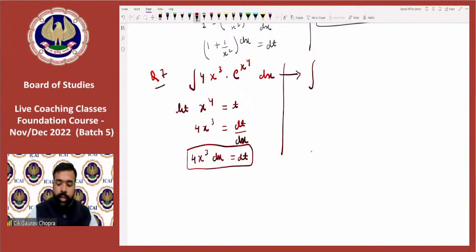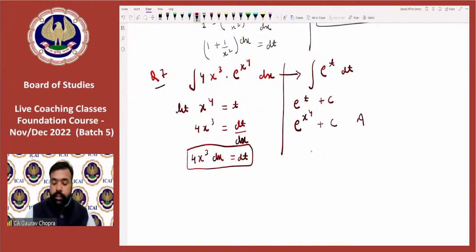So let's write here e to the power of t dt. Now e to the power of t will remain same and adding the constant. So it becomes e to the power of x4 and then plus c. This is the final result.